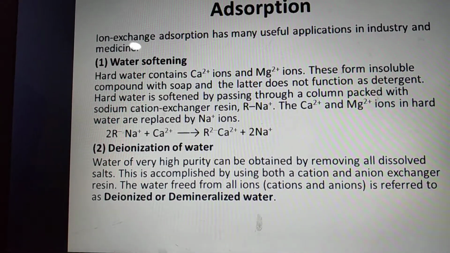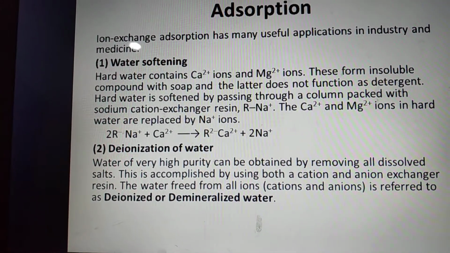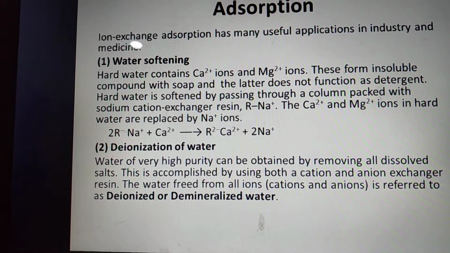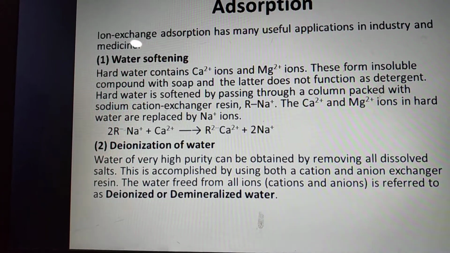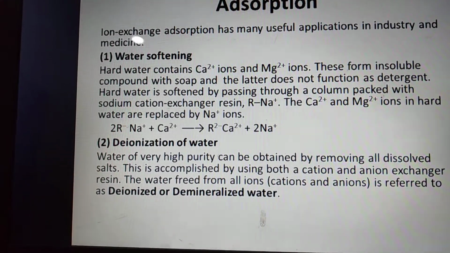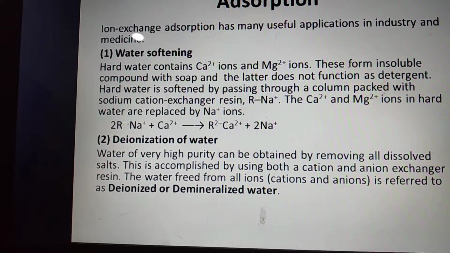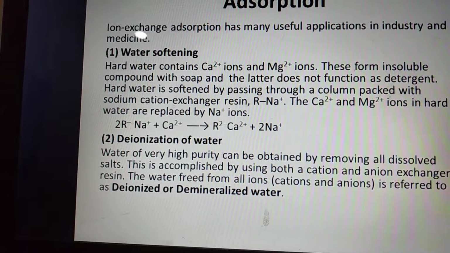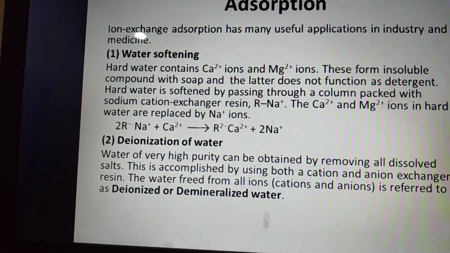In the ion exchange method, sodium ions replace the calcium and magnesium ions present in the hard water, such as when sodium zeolite, RNa, is used. The calcium is taken up by the resin, and sodium is released. So the water will be soft.